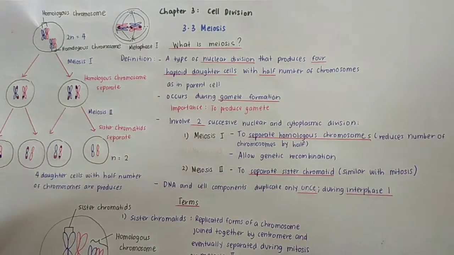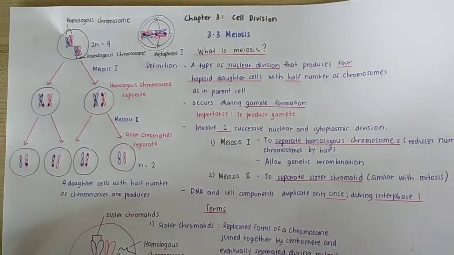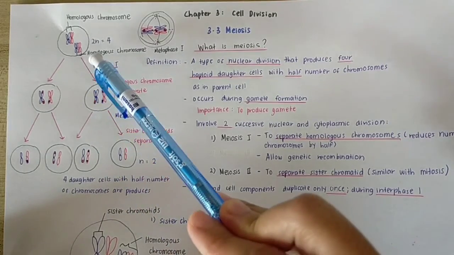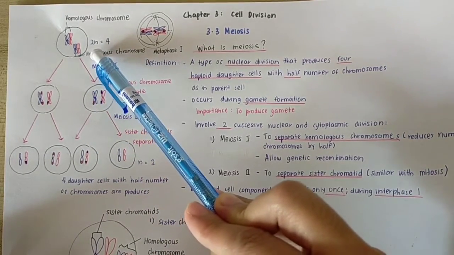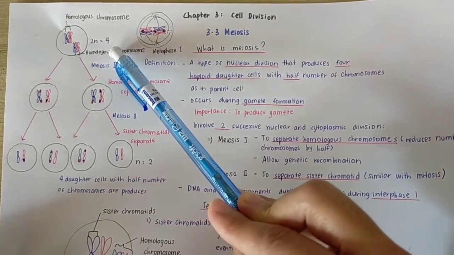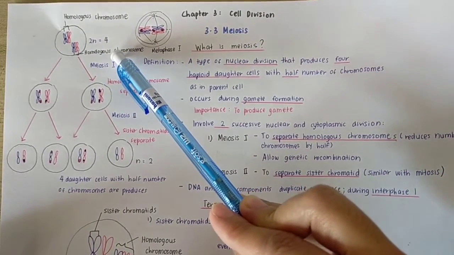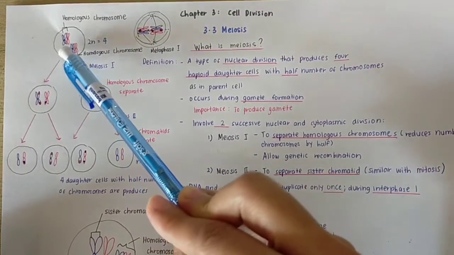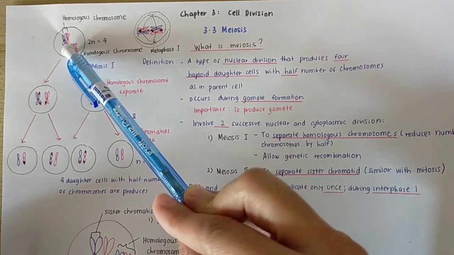Before we proceed, look at this diagram. This is the parent cell that has 2n equal to 4. Based on the concept of meiosis, firstly you have to know about homologous chromosomes.